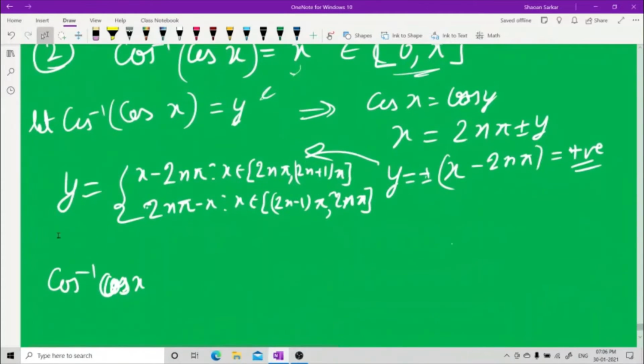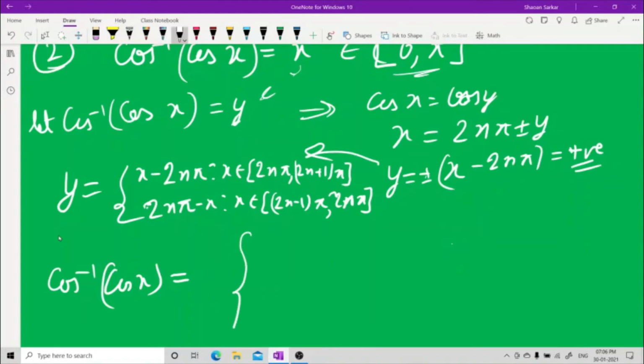Similarly, for this cos x graph, we need to draw the complete graph. Now it will be x. See, when you take n equal to 0, for n belonging to integers, put 0 here and put 0 here.